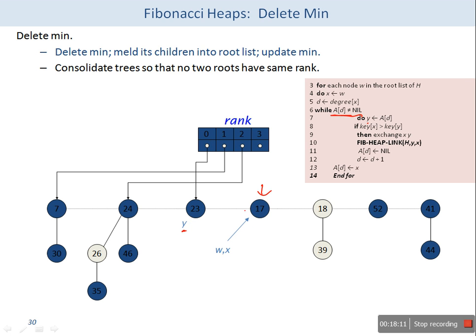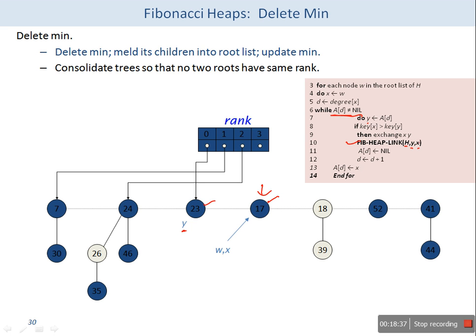Then we check the key of x and the key of y, which is minimum. 17 is minimum. If the key of x is greater, only then do we exchange; if it is lesser, we do not need to exchange. We just link these two by calling fib heap link on h with y and x.